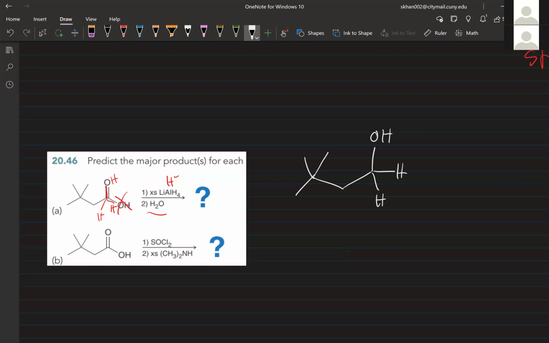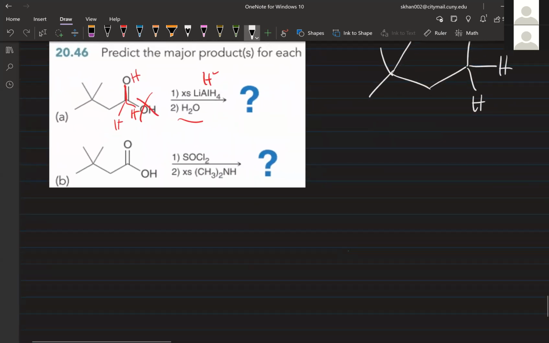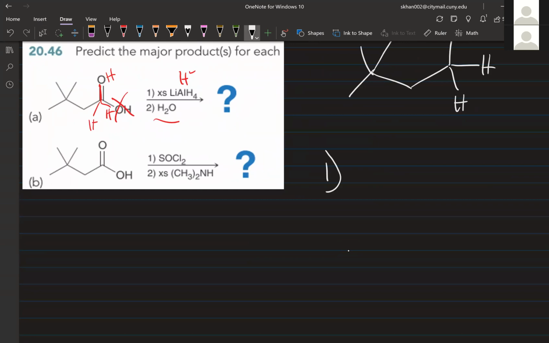Okay, so here, B, we technically have two things. Step one is thionyl chloride. Let me just use pink so that I can write over this. So this is thionyl chloride. What does thionyl chloride do when it reacts with the carboxylic acid? What are we forming here in the first step?